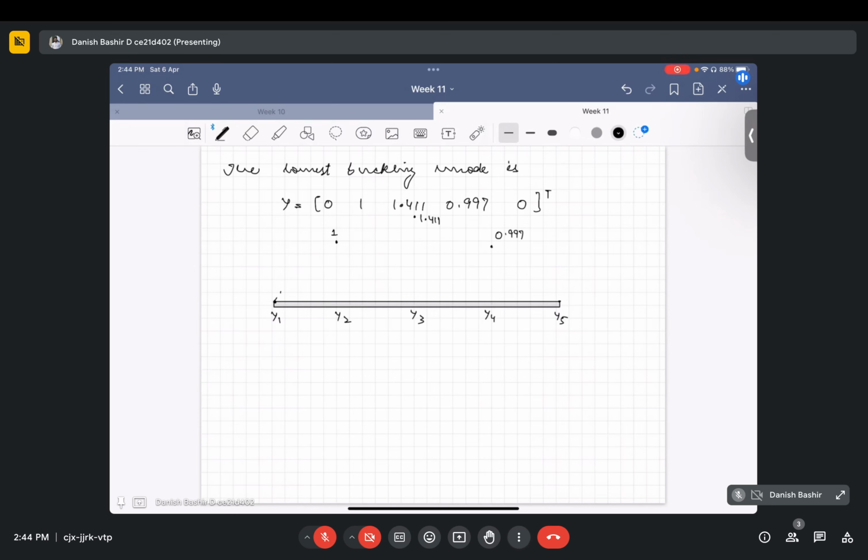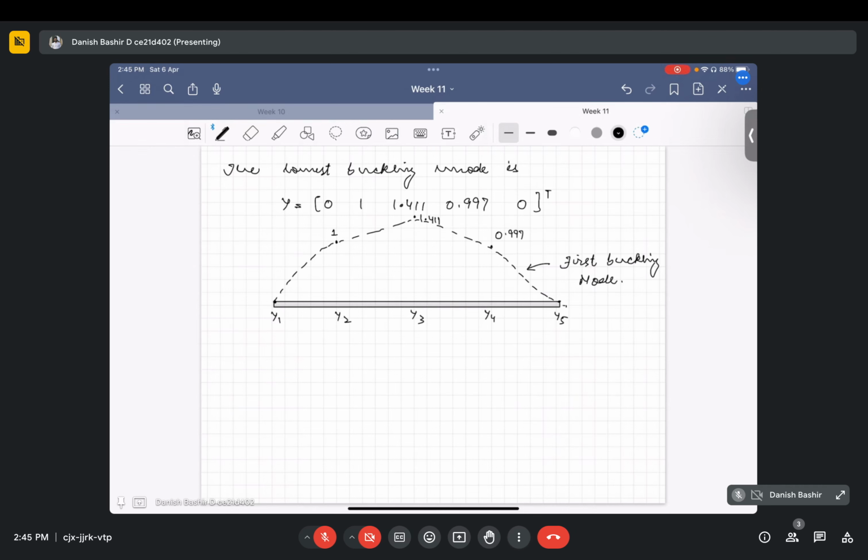Then we have to draw a line which passes through these points. Okay, this is the first buckling mode of the column.